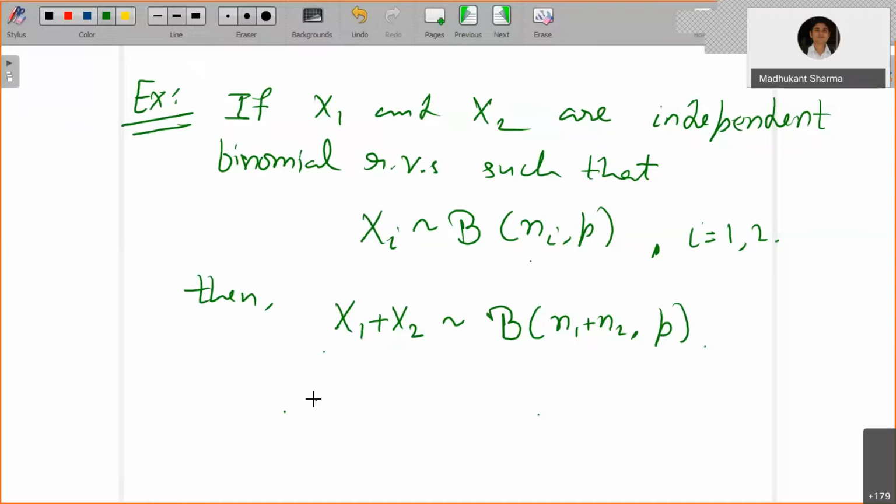Here n denotes the number of independent Bernoulli trials, and p is the probability of success in each Bernoulli trial. When we write this notation, we essentially mean a random variable x follows the binomial distribution with parameters n and p.